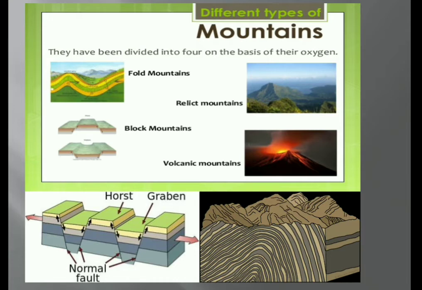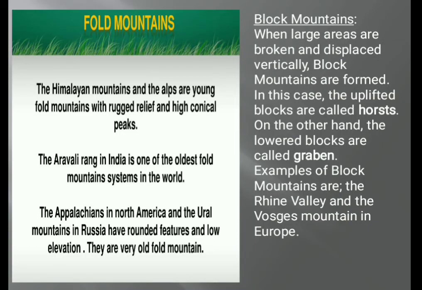So, the uplifted parts of the blocks are termed as horst and the lower blocks are known as graben. Examples are the Rhine Valley and the Vosges mountains in Europe, which are the biggest examples of such mountains. Understood, children? Okay.